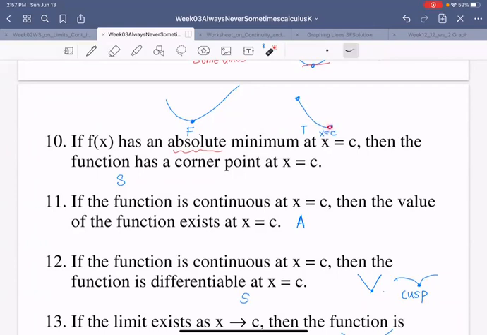Yes, for this one, this is a corner point, which means it is at one edge. So this is the one correct example supporting this statement.